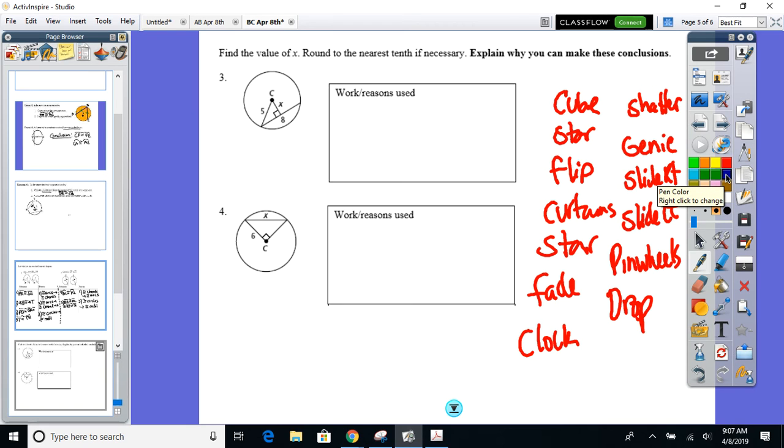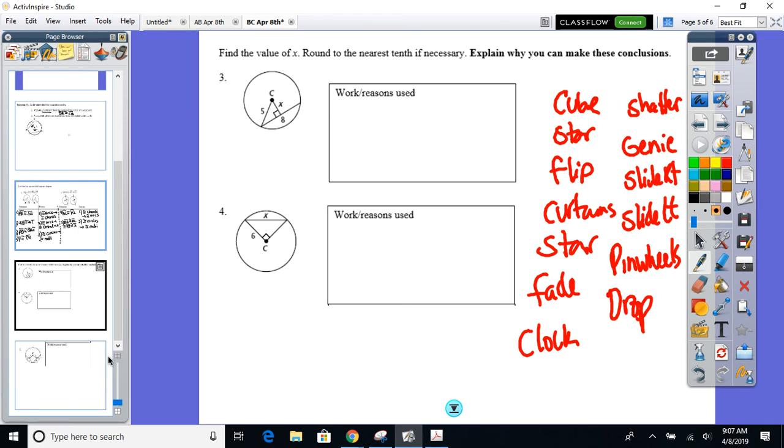Remember last time? I got another slide after this. We're good. We ready here? Guys have been slacking lately. Cube. Star.